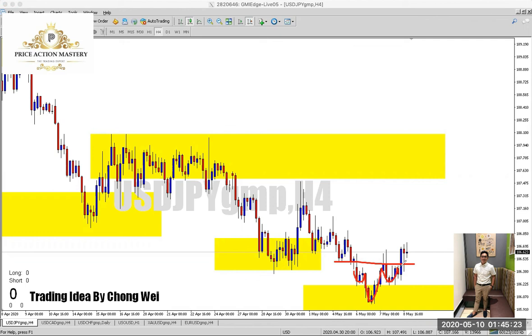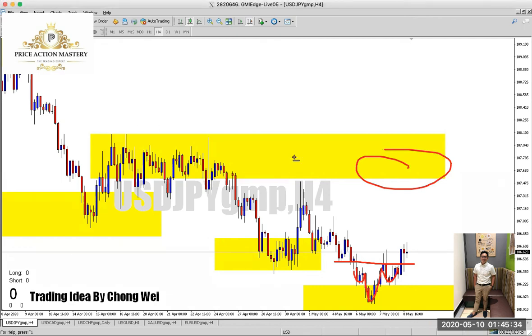If it can make another new high, then I will look for a buy opportunity up to this level. Of course, the first level will be here. By the way, overall the market is still down.